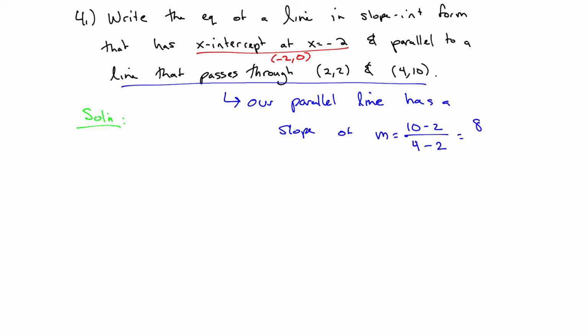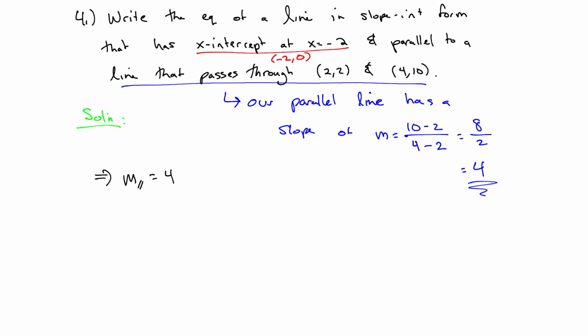That gives us 8 over 2, which gives us 4. That's the slope of this line. That means that our line, m parallel, has a slope of also 4, because parallel lines have the same slope.